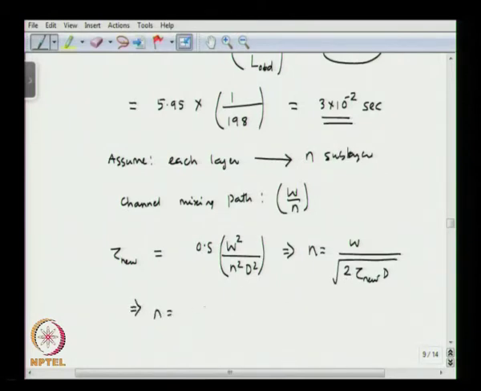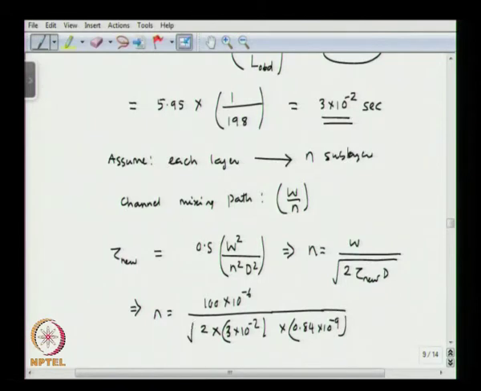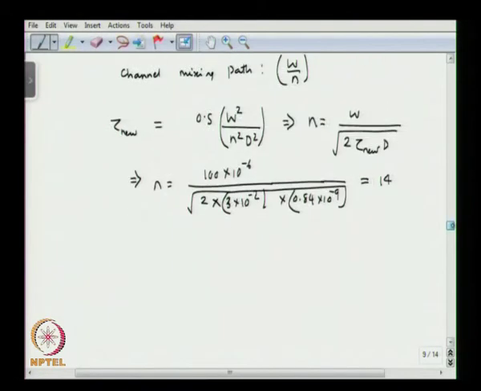So, n will be 100 into 10 to the power minus 6, that is the width of the channel, over square root of 2 into tau nu, which is 3 into 10 to the power minus 2 seconds, into d, which is 0.84 into 10 to the power minus 9, right. So, square root of that, if you calculate n will be 14. Okay. So n equal to 14.